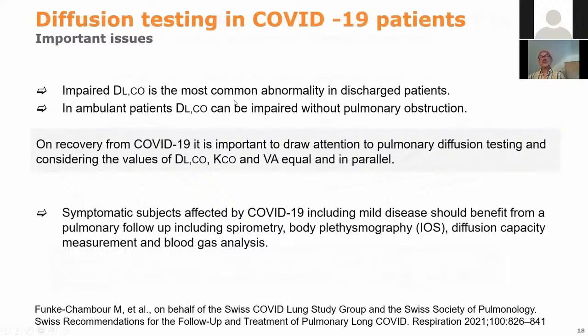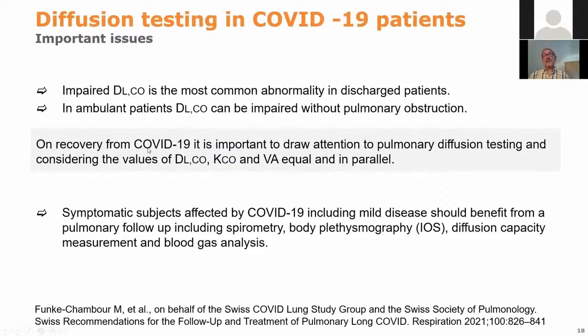I summarize. Impaired DLCO is the most common abnormality in discharged patients. In ambulant patients, DLCO can be impaired without pulmonary obstruction. That means DLCO is an earlier indicator of the disease and the degree of disease compared to spirometry, for example, or body plethysmography.